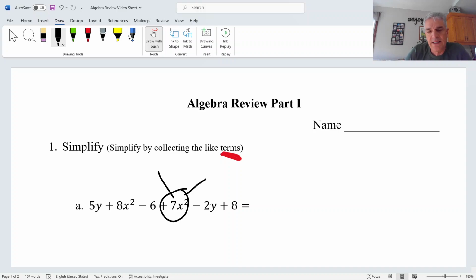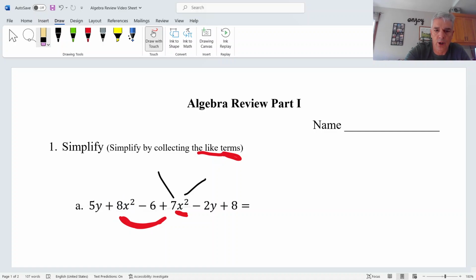And it's important to identify that there are two different parts there because in order to make like terms, we must have identical letter parts. So if I look across this question here, what has an identical letter part to x squared is this one term over here, 8x squared. So these two are like terms because of that, okay?